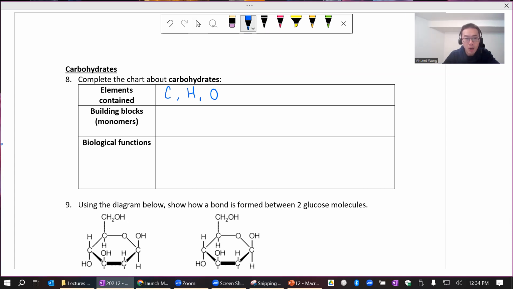The building blocks or the monomers of carbohydrates are collectively known as monosaccharide. And there are 3 monosaccharides that we discussed last time. Does anybody remember what they are?